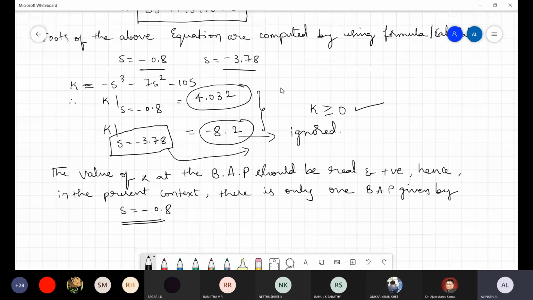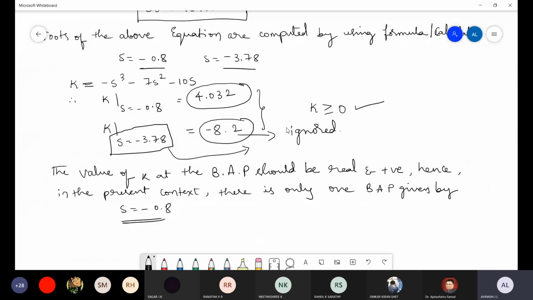The condition is that k must be greater than or equal to 0. For s equal to minus 3.78, k comes negative, so you have to ignore it. When s equal to minus 0.8, we get the value 4.032, which is the accepted value.